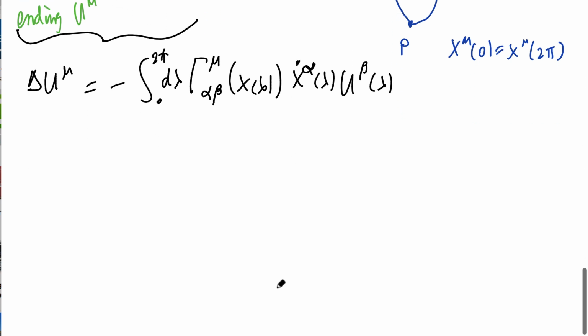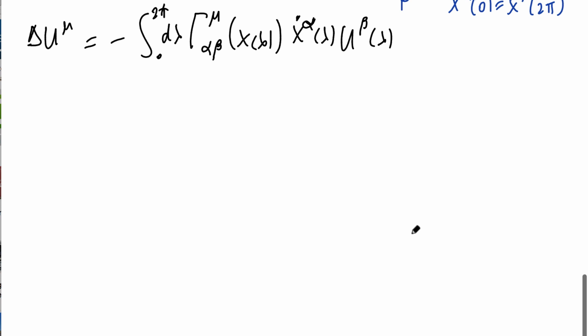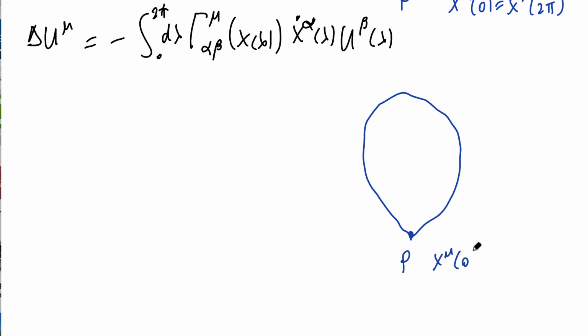Let me draw a picture of the loop one more time. So this is our point P, which is given coordinates x mu of 0. That's the same as x mu at lambda equal to 2 pi. And we'll just denote that x mu sub 0 for shorthand. All right, now here's a point lambda, a generic point along the loop. This has coordinates x mu of lambda.